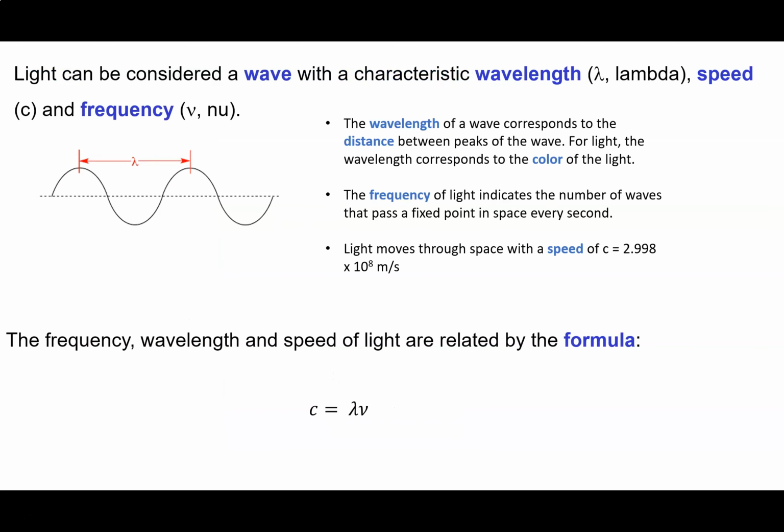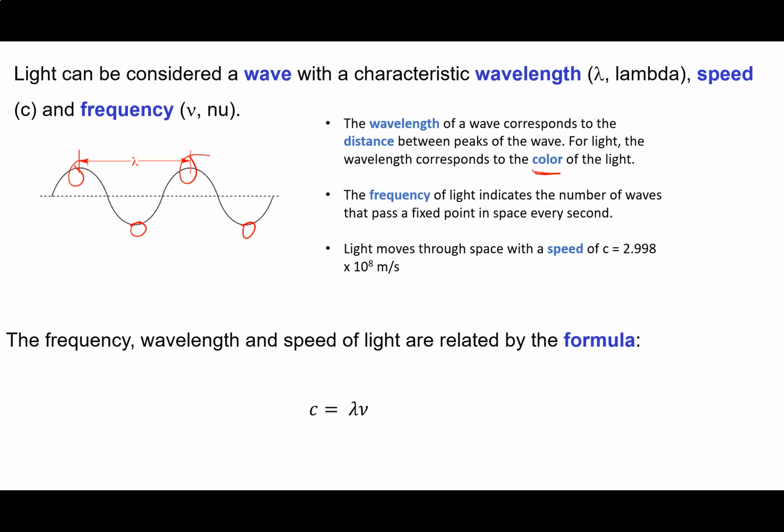Light can be considered to be a wave, and every wave has three things that define it. They have a wavelength, which is simply the distance between two peaks. It should also be pointed out that that is exactly the same as the distance between two troughs. For light that we can see, the wavelength corresponds to the color of the light, so chemists will often use color and wavelength interchangeably.